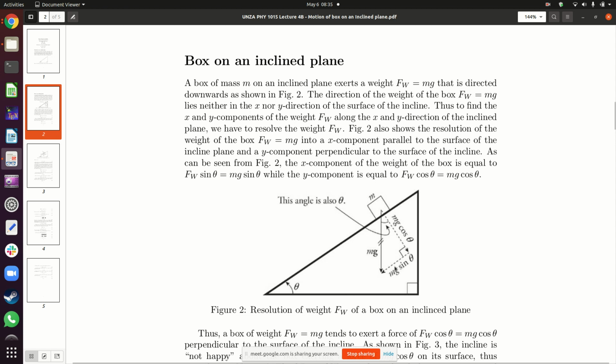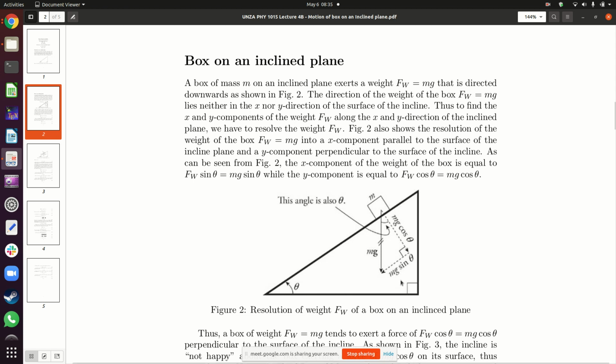So if the weight of the object is large, then mg sin theta is going to be large, meaning there is going to be a force, mg sin theta, pulling the box down the incline. That's why the box tends to move down the incline. The box does not move up the incline because usually friction is very little.